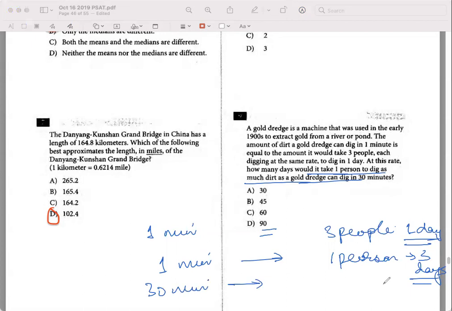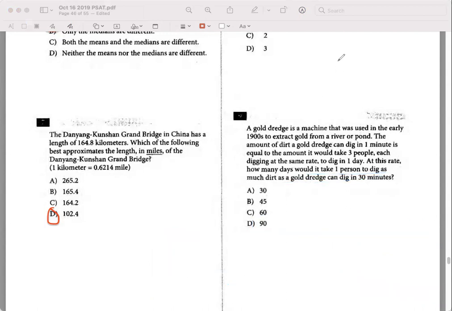So one person would need 30 times that much time, which is 30 times 3, which is 90. So one person would need 90 days to dig as much dirt as a digger can dig in 30 minutes. Okay, so that's D.